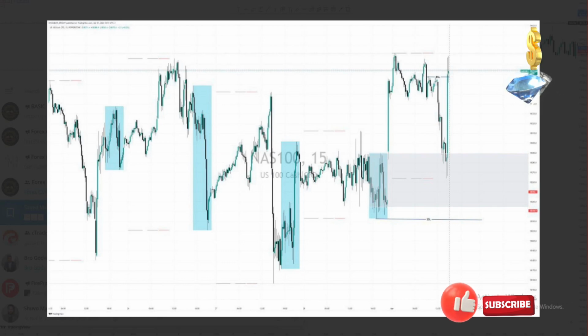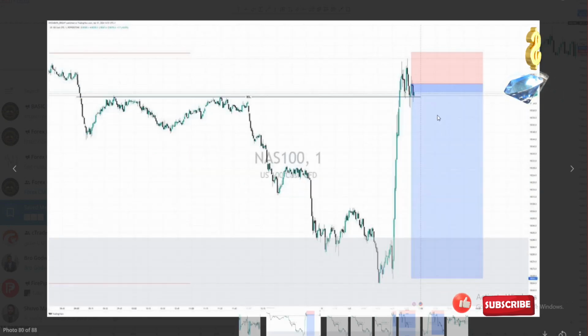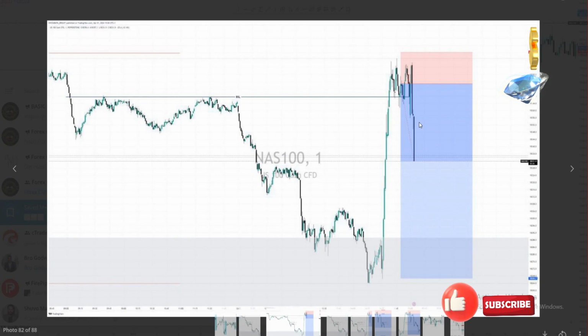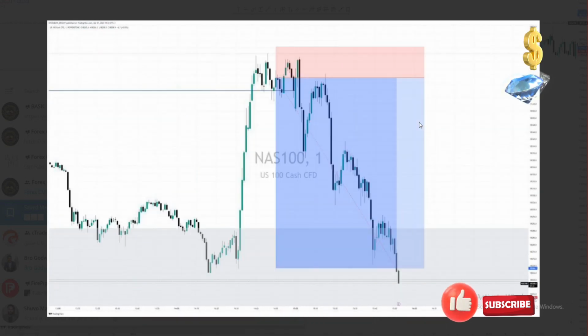So this is where I record my trades. So this is it right here. Now this is when price took that liquidity. I was so much on the chart when this happened. Then I went to lower time frame, spotted this imbalance right here, and price started going like that.